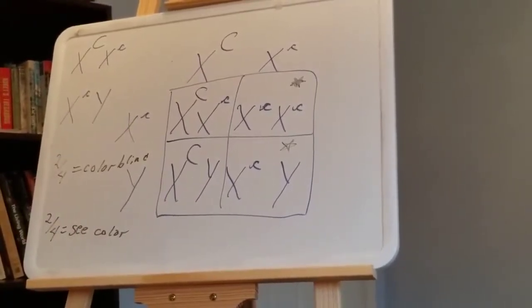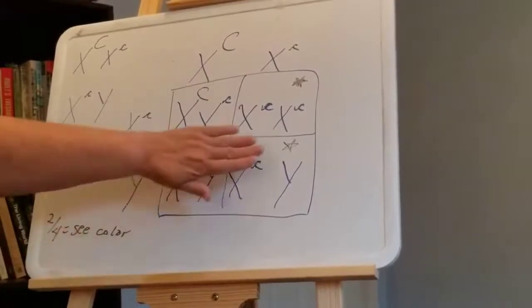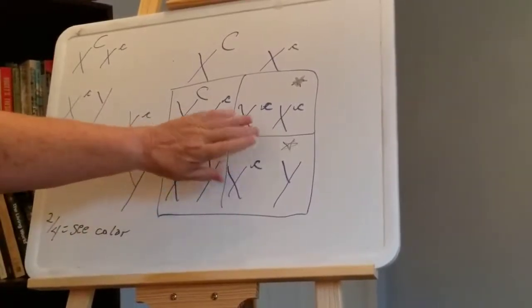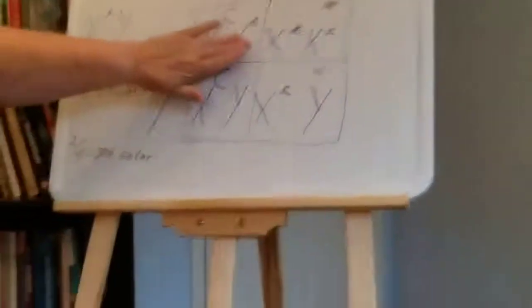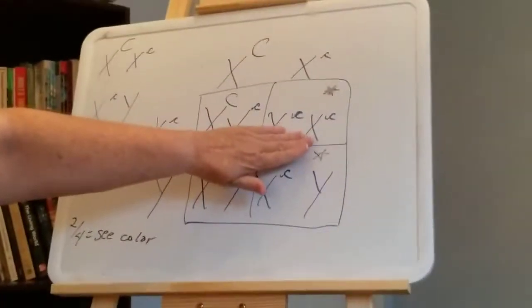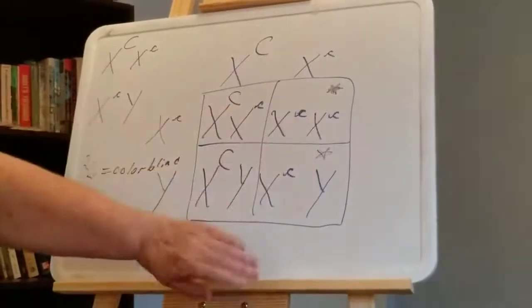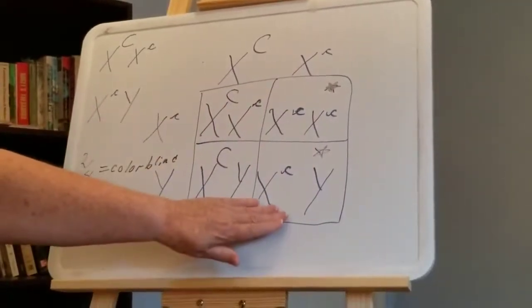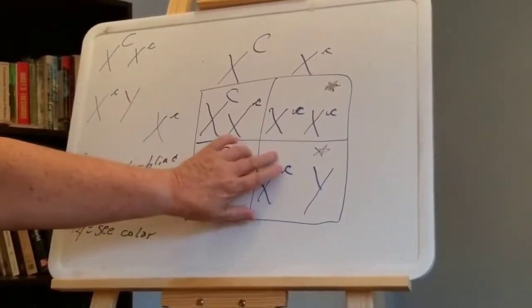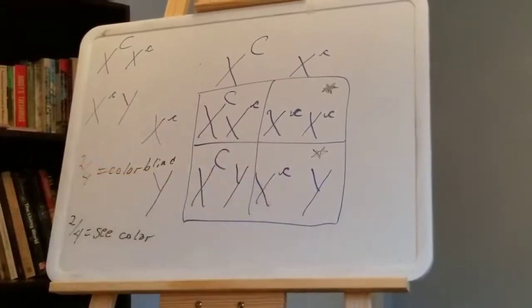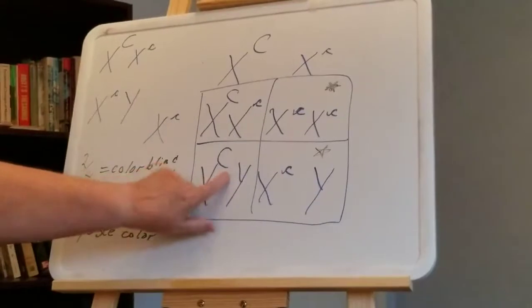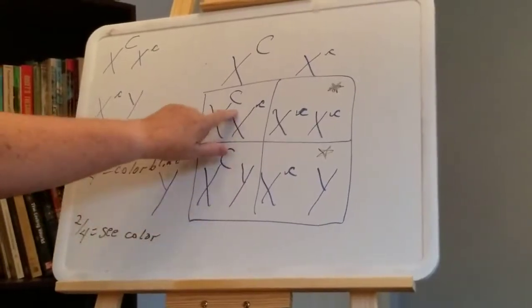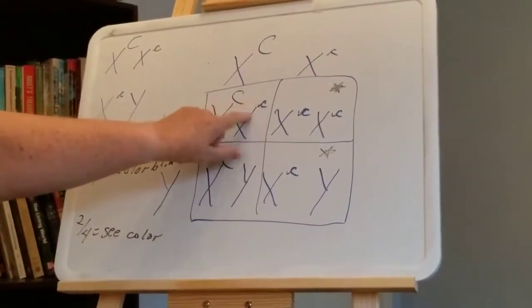You could also distinguish if you wanted to and just say 2 or 50%. If you look at the 2 females up here, 1 out of 2 or 50% would be colorblind. Same thing for the males. Of the 2 potential males, 1 could be colorblind or 50%. This male has normal color vision. This female has normal color vision, but would be a carrier.